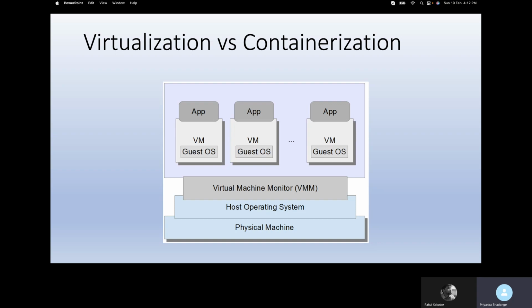So what we did, we added a hypervisor, and on top of that we install many virtual machines. Each virtual machine has its own space and its own libraries. If I want to run a Java 8 application on that virtual machine, only that one application will be running on that system.